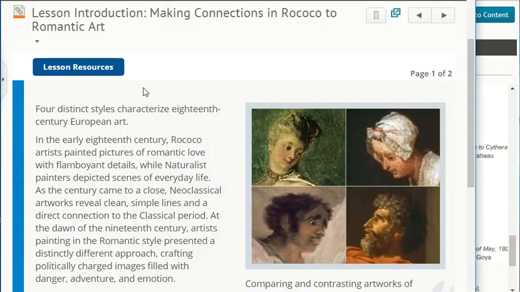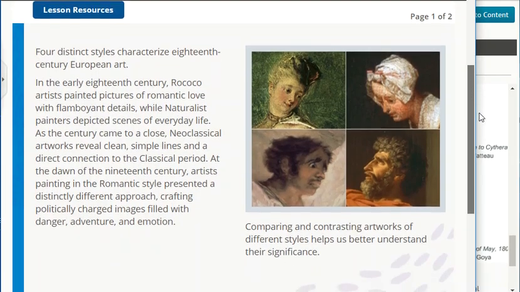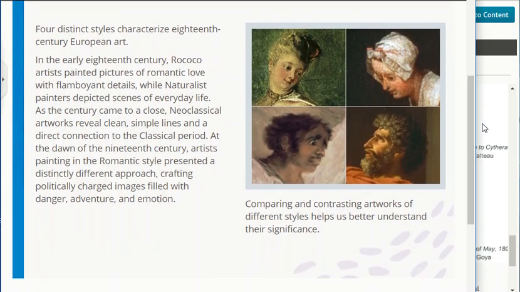Let's find out. Making connections in Rococo and Romantic art. Four distinct styles characterize 18th century European art. In the early 18th century, Rococo artists painted pictures of romantic love with flamboyant details, while naturalist painters depicted scenes of everyday life.